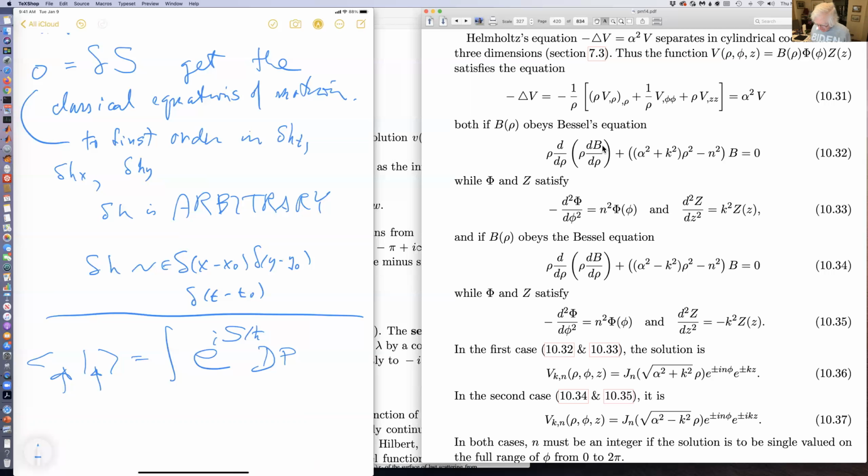Because h bar is so small, all of these things are going to wash out unless S is stationary. So if you have processes here that are neighboring processes and they have almost the same action, then they'll contribute the same phase to this amplitude. But if you, on the other hand, have a case, a process, so this will be a classical process.